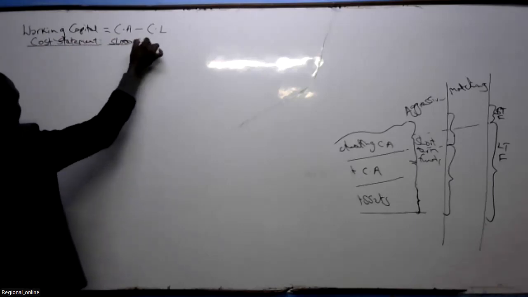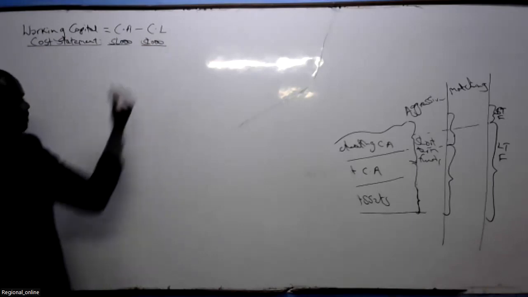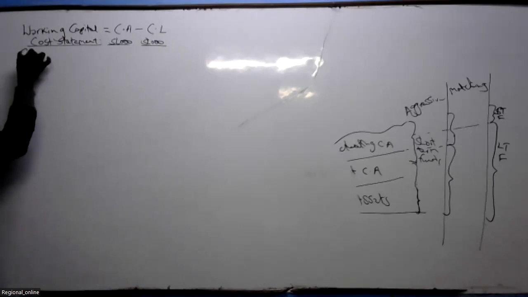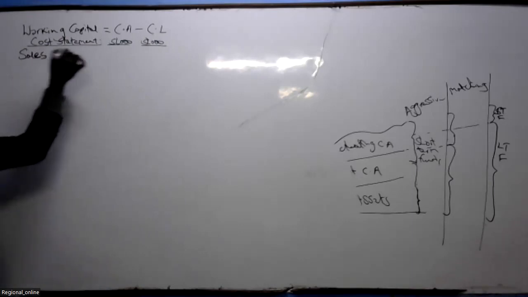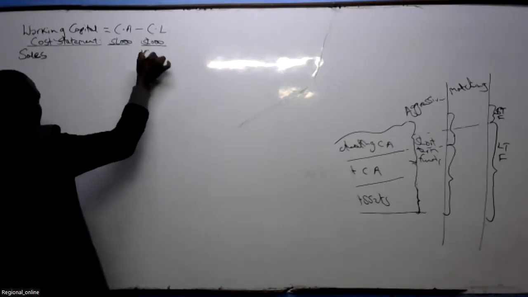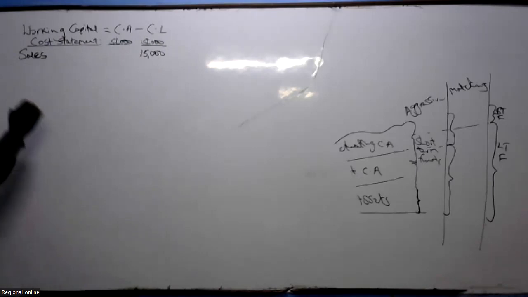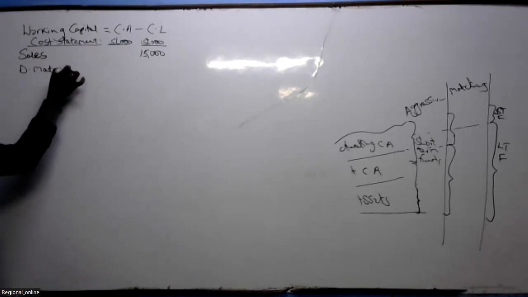We can have it in thousands of shillings. We have our sales. Sales are how much? So 15,000 in thousands of shillings, right? So less the expenses. We have direct materials. What percent of sales?